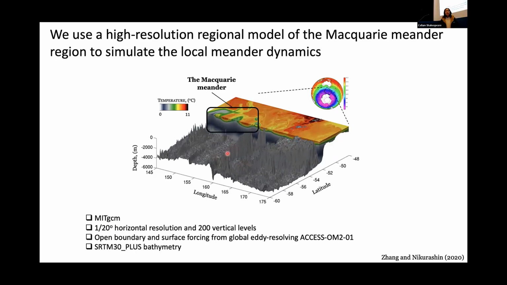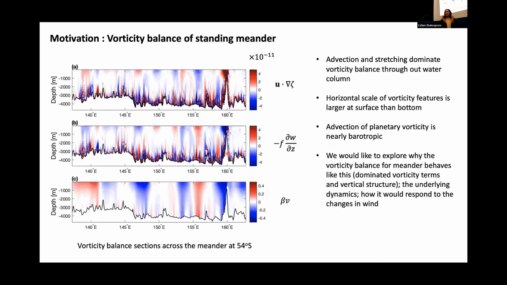Using this model, we reproduce the results in TNG14, in terms of the vorticity balance being between advection and stretching, where beta v is one order smaller than the leading order terms. But at the same time, we also notice the vertical structure of the vorticity balance. The left plot here shows vertical sections of the vorticity balance near the mid-latitude of our domain.